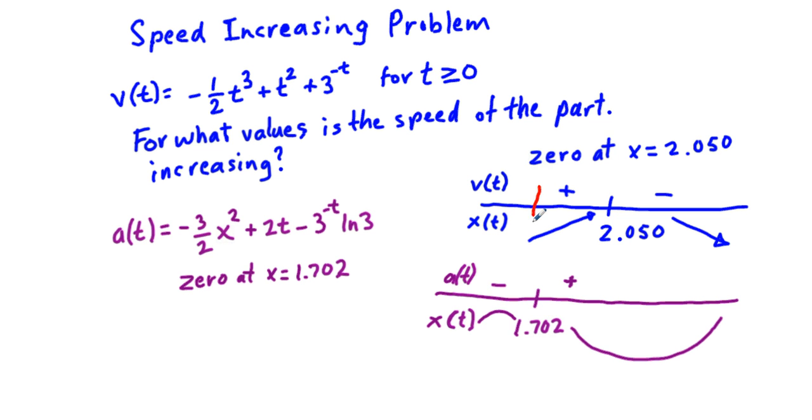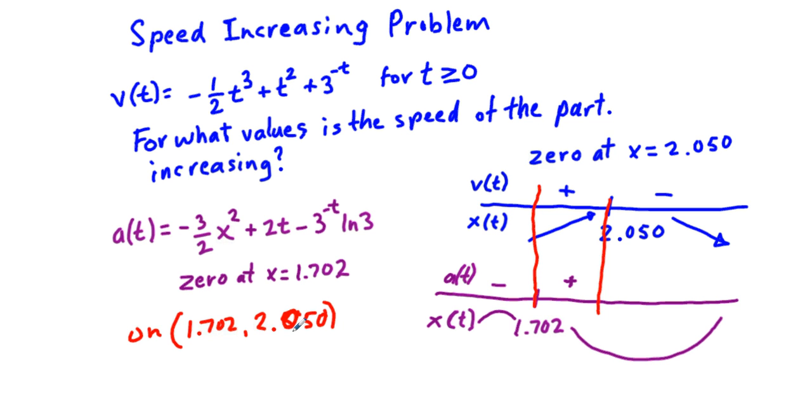And so if we combine these two number lines together, over this interval right here is where we have concave up, and the speed of the particle, the velocity, is positive. And so we say on the interval 1.702 comma 2.050.